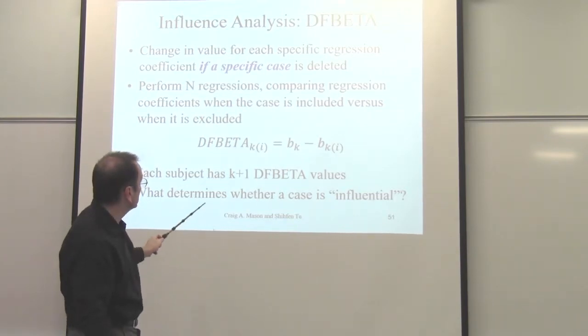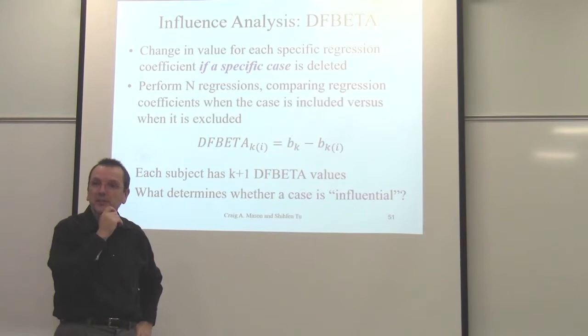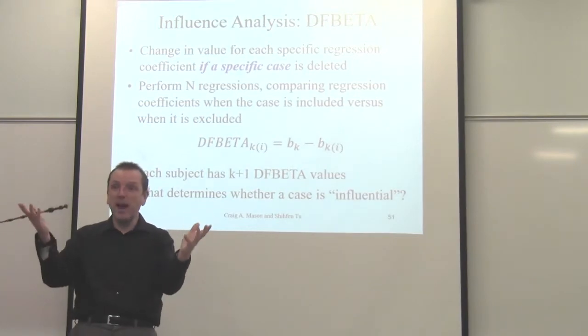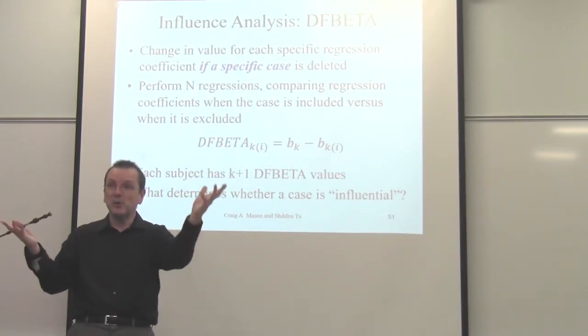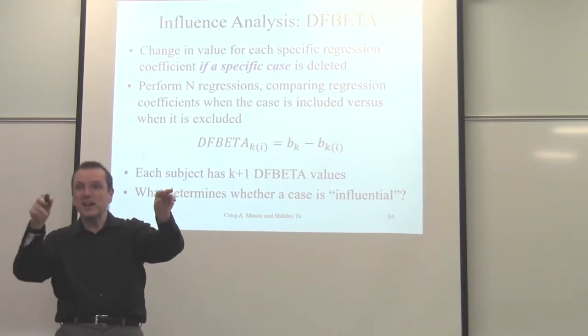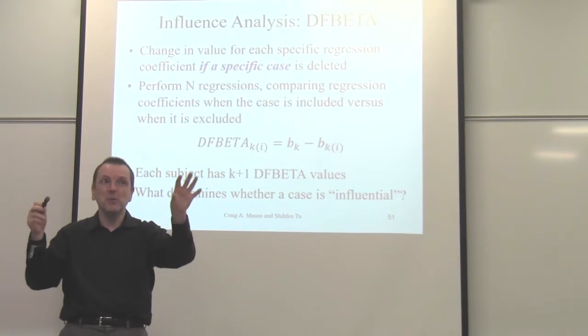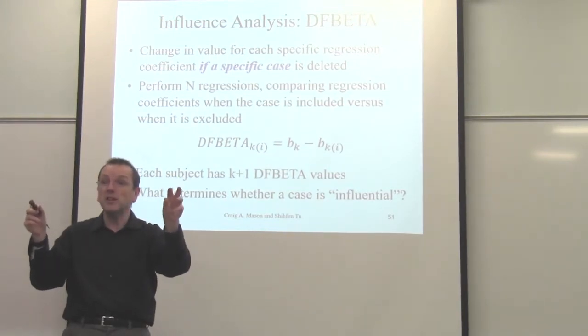One of the problems is that's an awful lot of numbers. In that sense, there's a balance between Cook's distance, which gives you one number for every person. It kind of summarizes all those DFBETAs. So you may want to kind of go back and forth between the two.